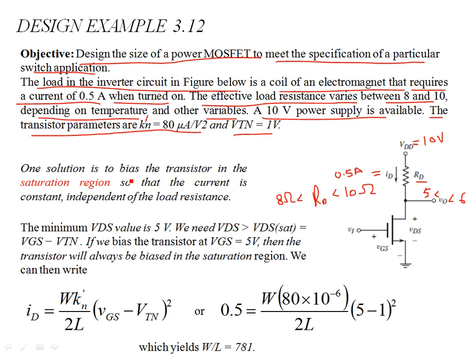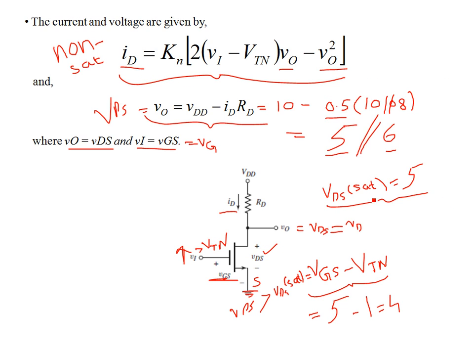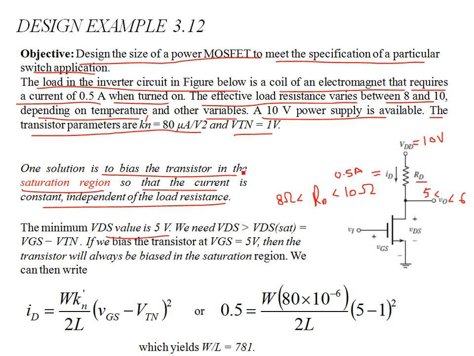Okay. So you see, one solution is to bias the transistor in the saturation region so that the current is constant, that is independent of the load resistance. So the minimum VDS value is 5 volts. You understand this. This is a variable load. RD is a variable load over here, which is varying from 10 to 8 ohms, and so minimum is 5, maximum is 6. So VDS sat is given by VGS minus VT, the overdrive voltage.